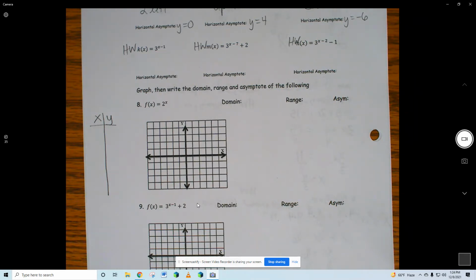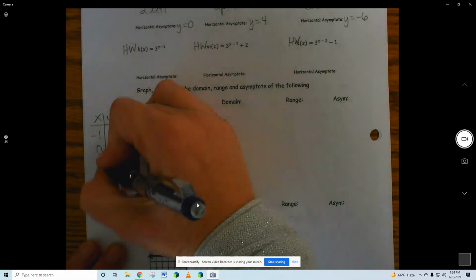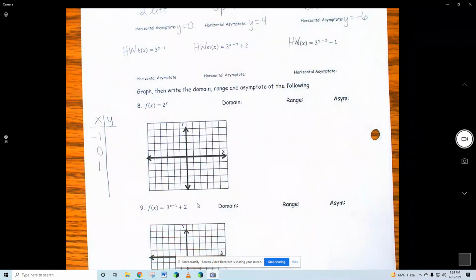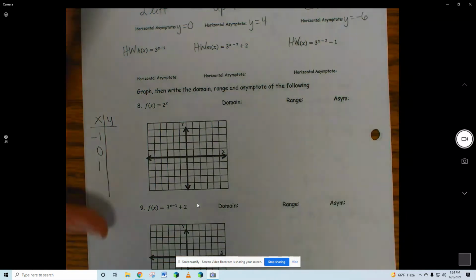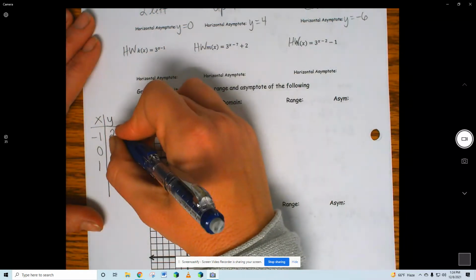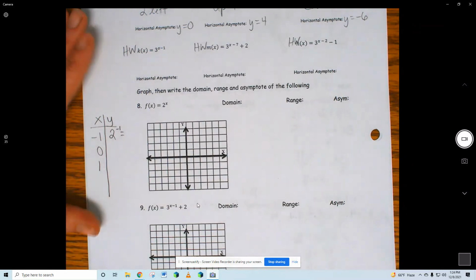So let's pick small things that are going to make 2 really easy to work with. I have recommended in the past maybe we could use negative 1 as an exponent, 0, 1, things like that. Easy numbers. Do you remember what happens when I have a negative exponent?